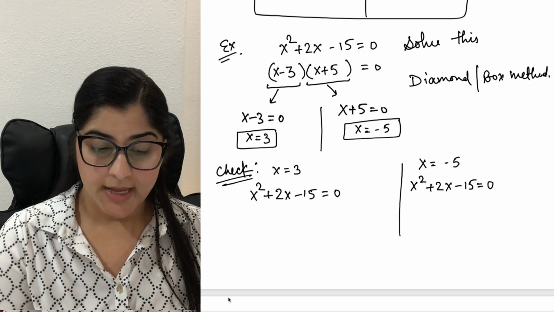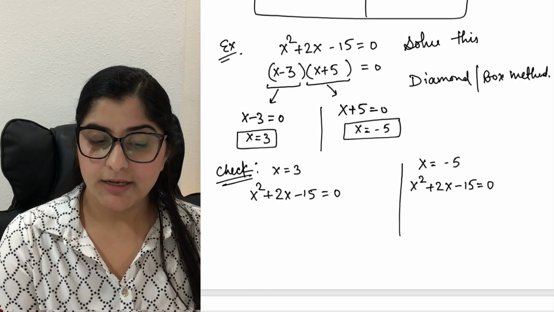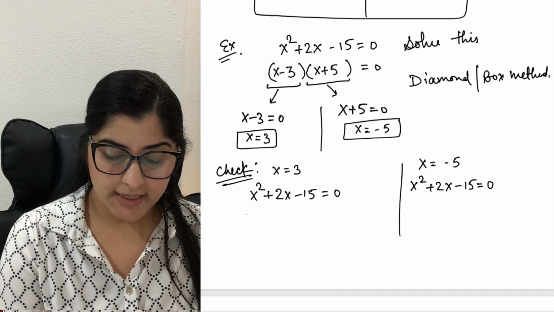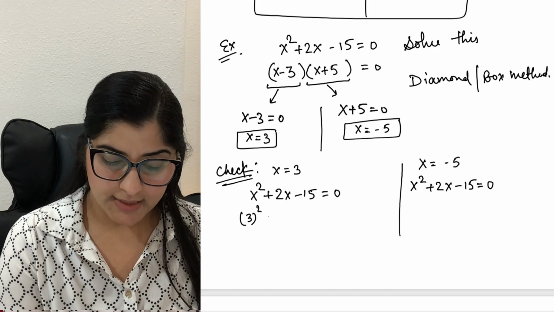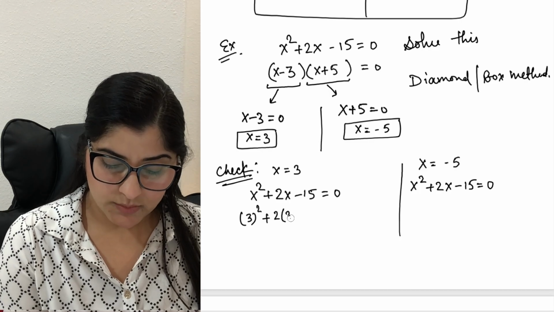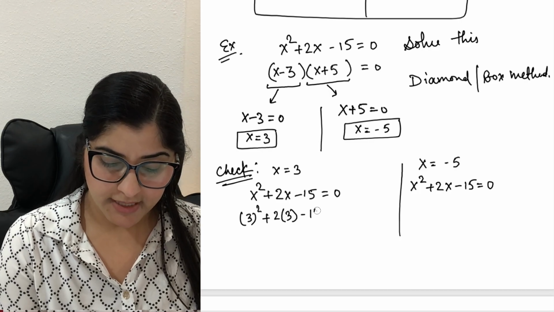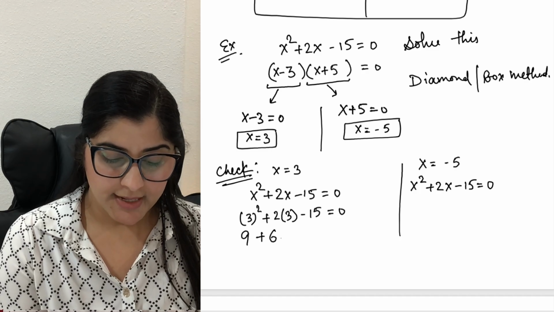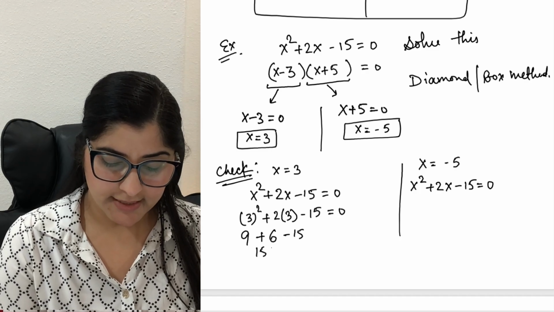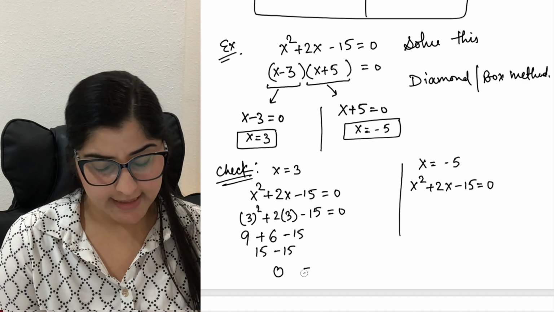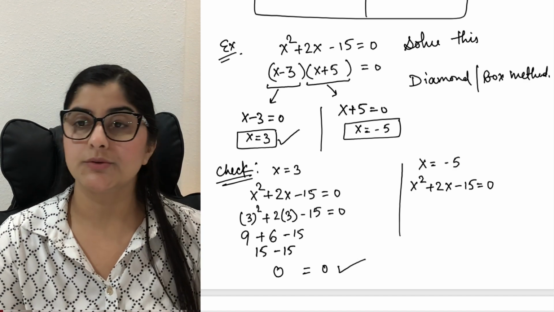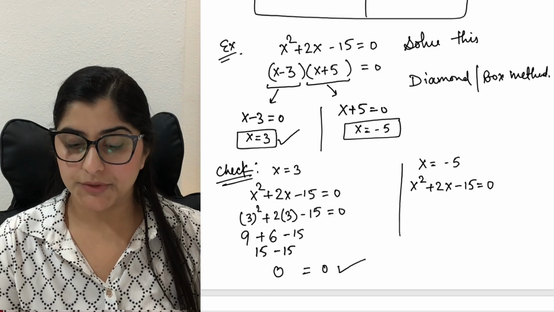Solutions are those x values which make the given equation true. So let's plug in x value 3. Replace x with 3, put brackets around x, and see, are you getting left hand side equal to right hand side? Yes, you get left hand side equal to right hand side. That means x is equal to 3 is the correct solution.